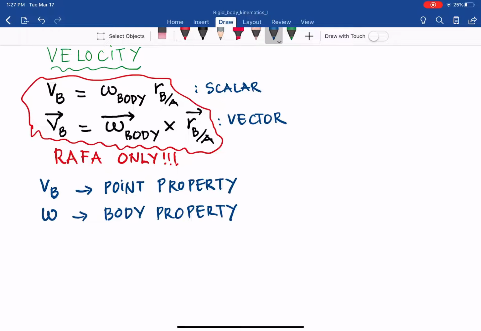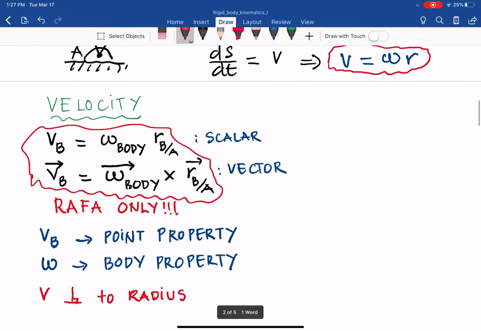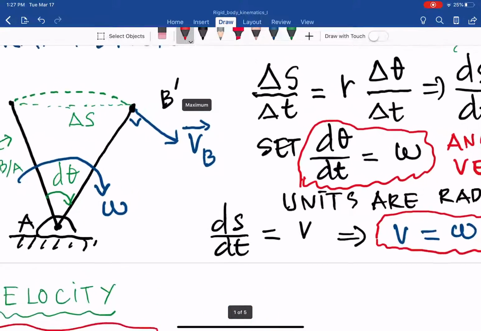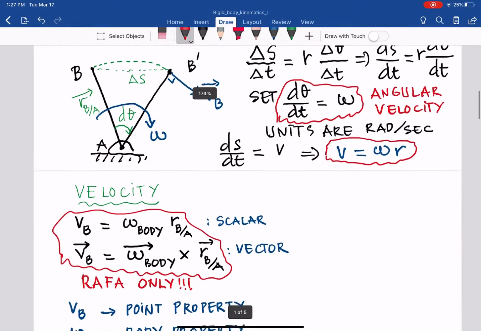A few more characteristics before we close this video and move on to the acceleration for the rafa. The first note I want to make is that the velocity at a point is always perpendicular to the radius. So velocity is perpendicular to the radius, as you can see there, because it is tangent to the path.